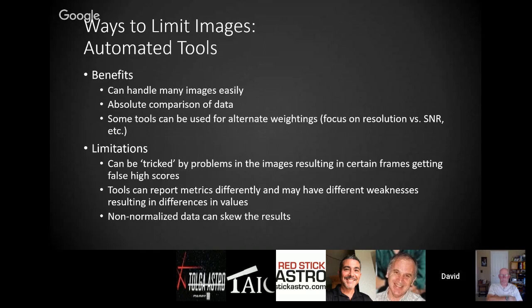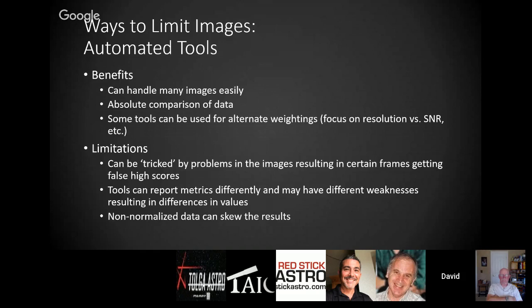They can be tricked, though. Like I was talking about earlier, things like double stars, too few stars in a frame, things like these. It can trick the tool, and they can get off and not report back the correct metrics for frames. Sometimes this can result in false high scores or false low scores, or just false metrics full stop.